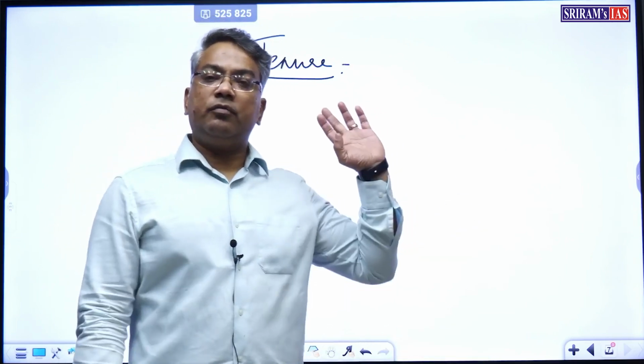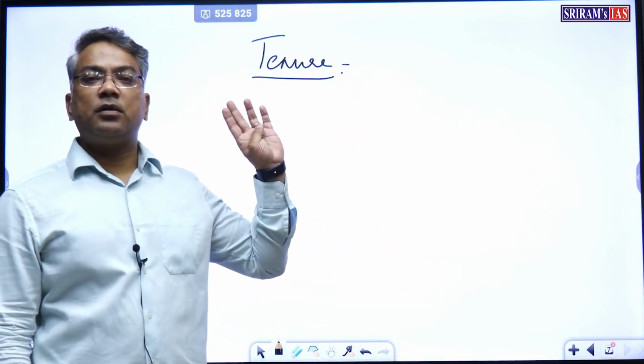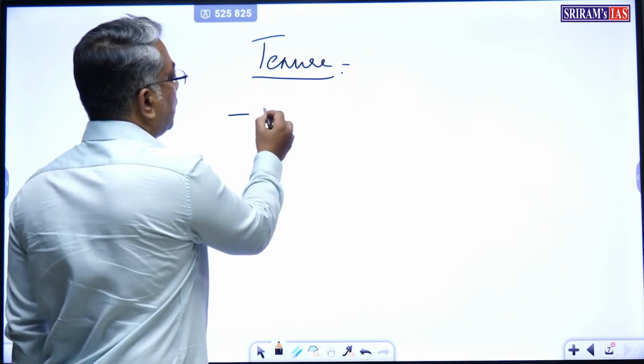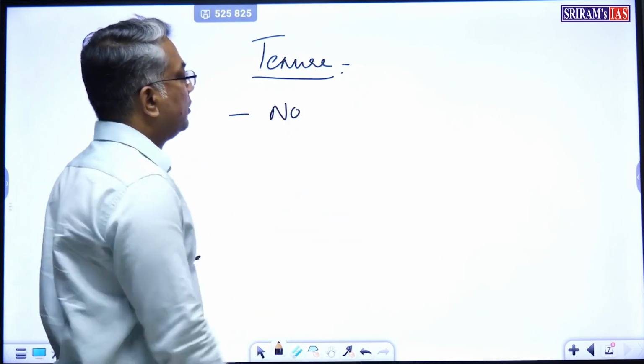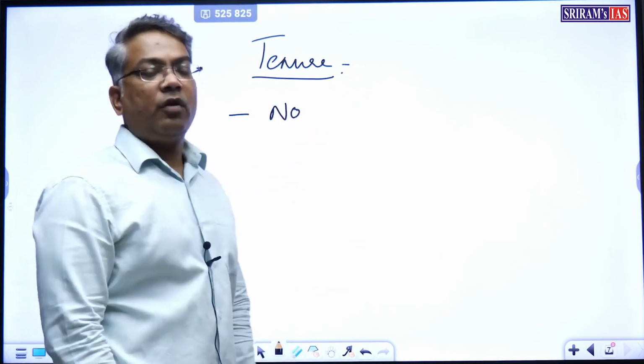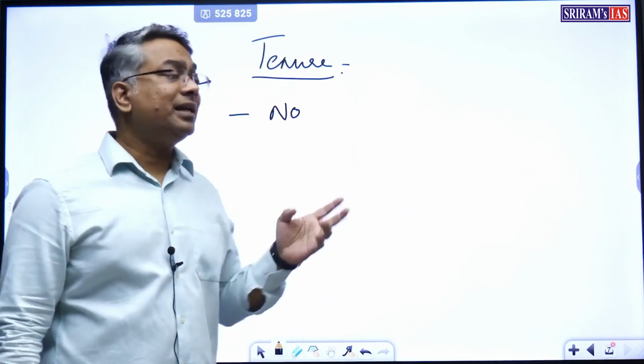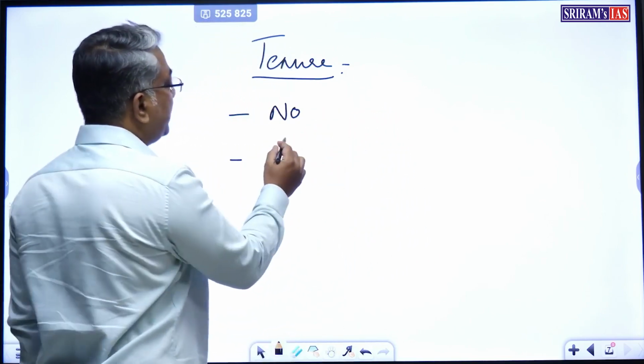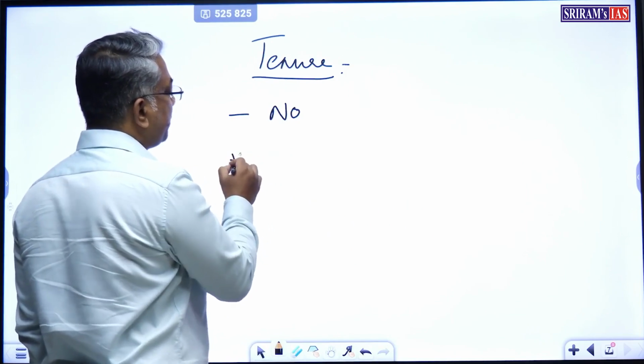Is the tenure of the judge of the Supreme Court fixed by the Constitution? No, the Constitution has not fixed the tenure of the judge of the Supreme Court, but it has made 3 provisions. What are these 3 provisions?